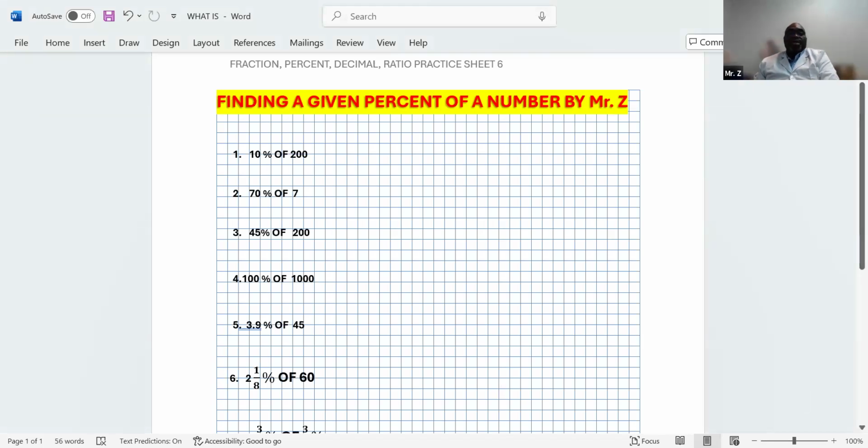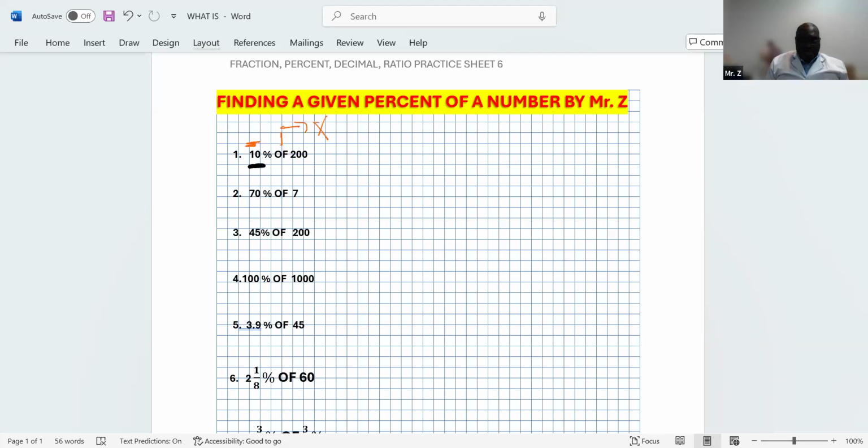Anytime they say find a given percent of a number, right here they say what is 10% of 200. The way you solve that is to make this 10 a decimal. It means divide 10 by 100, and change the "of" to multiplication.